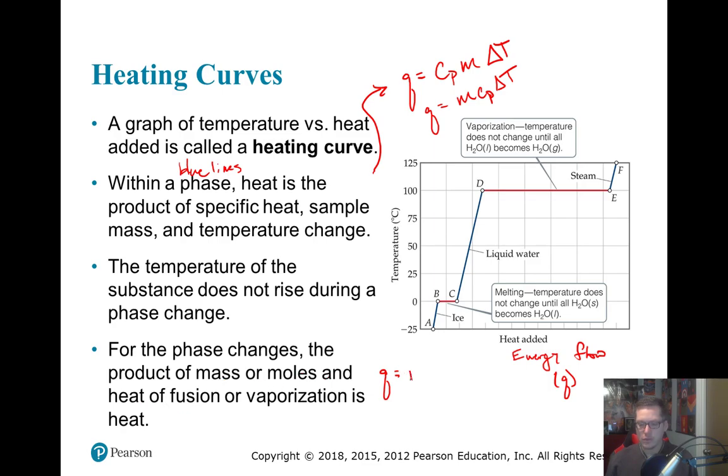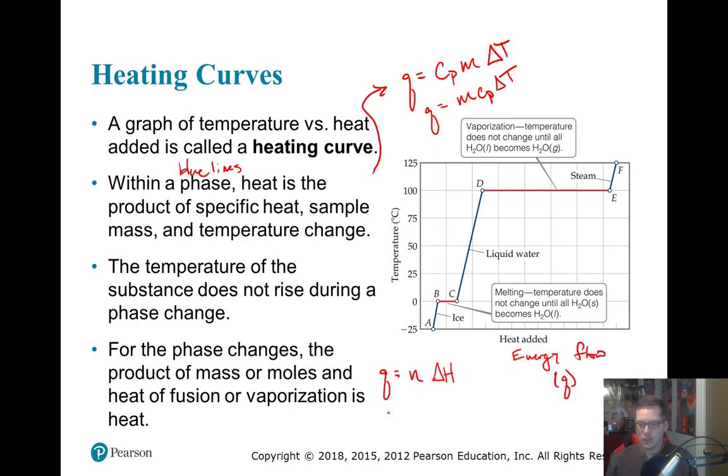So we'll use moles because that's what our heat of fusion is in. And remember this guy, we'll call this delta H. And this could be fusion or vaporization or sublimation. Well, in a heating curve, we wouldn't have sublimation, because we're not going straight from solids to gases. So fusion or vaporization here.